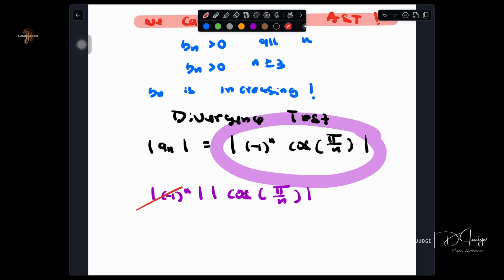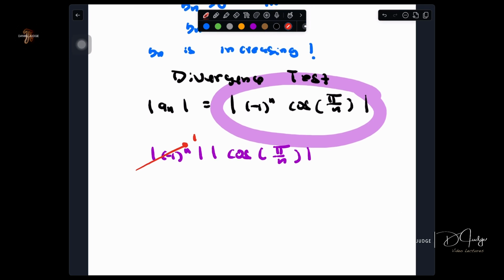I think this is 1. And we've got the absolute value of cosine pi over n here. We're going to look at the limit here.